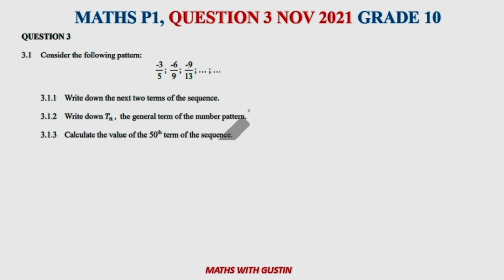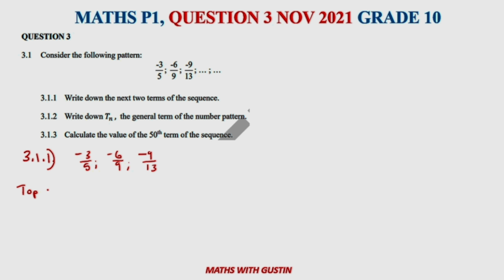So now, to make life easy for yourself, guys, don't go and look for something. We are given minus 3 over 5, minus 6 over 9. So these are fractions now, and with fractions it might be a bit tedious to work with. Therefore, I'm going to say top.